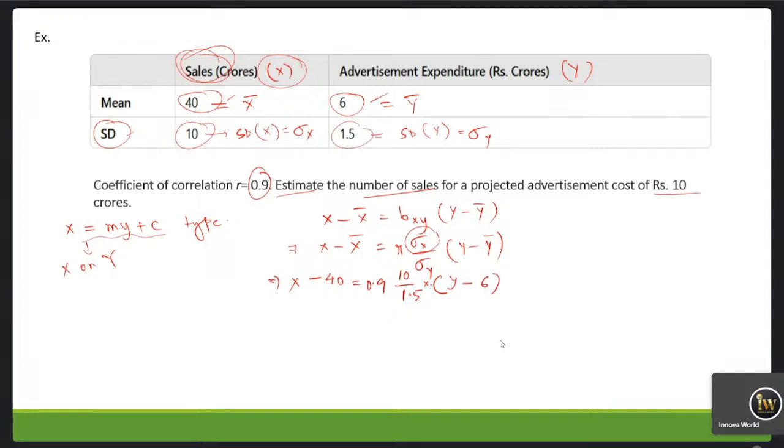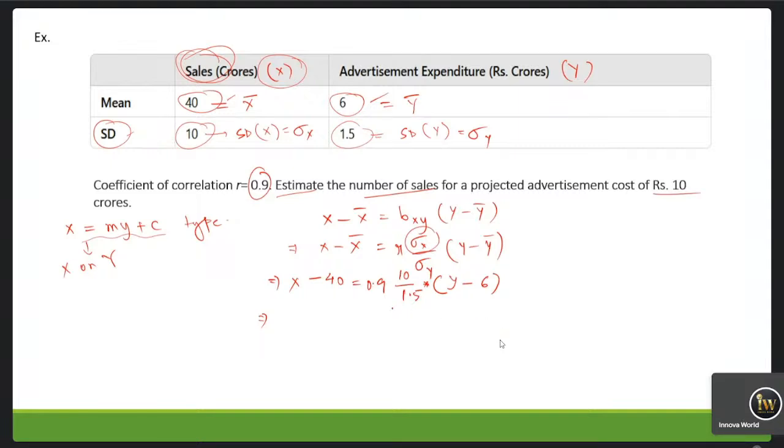Now we simplify this equation. Remember, this is multiplication. After simplifying everything, 0.9 times 10 divided by 1.5 becomes 6.